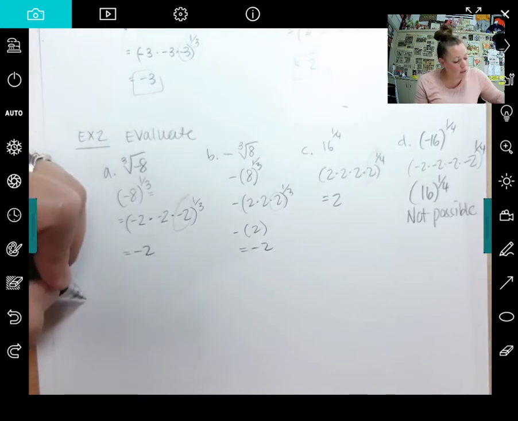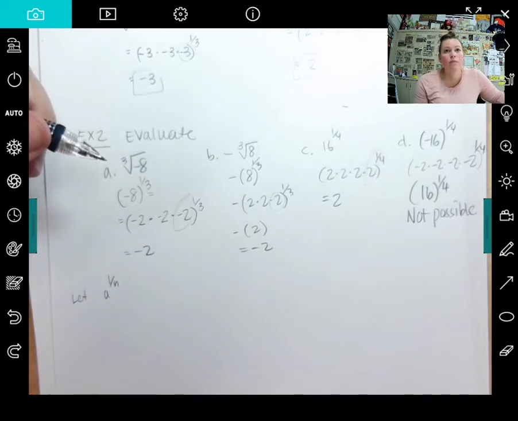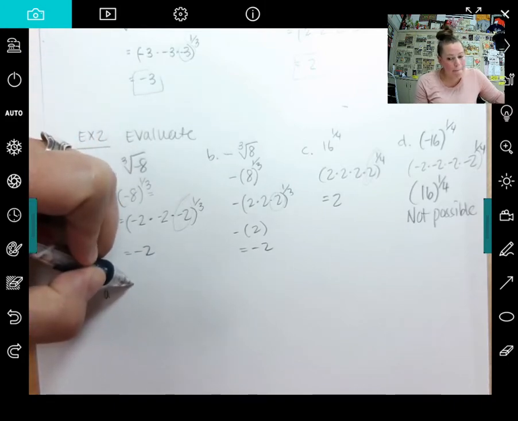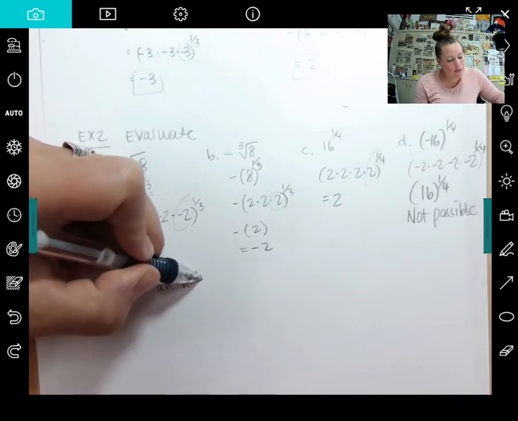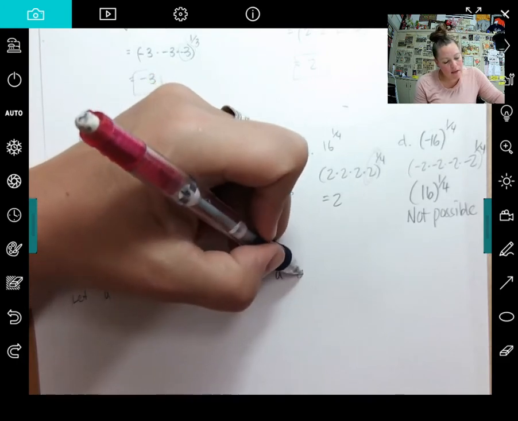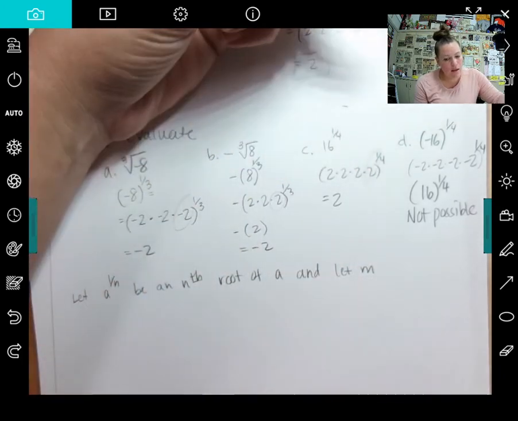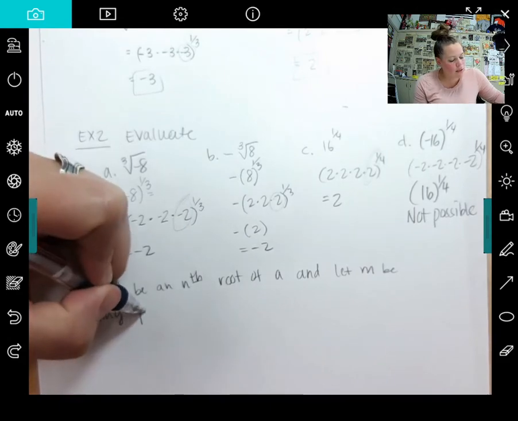So if we said let A have an exponent of 1/n, 1 over n, so let this be an nth root of A, and let M be any positive integer.